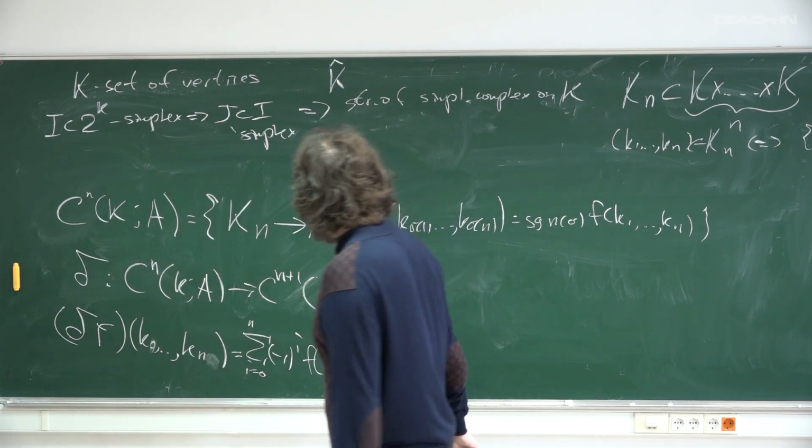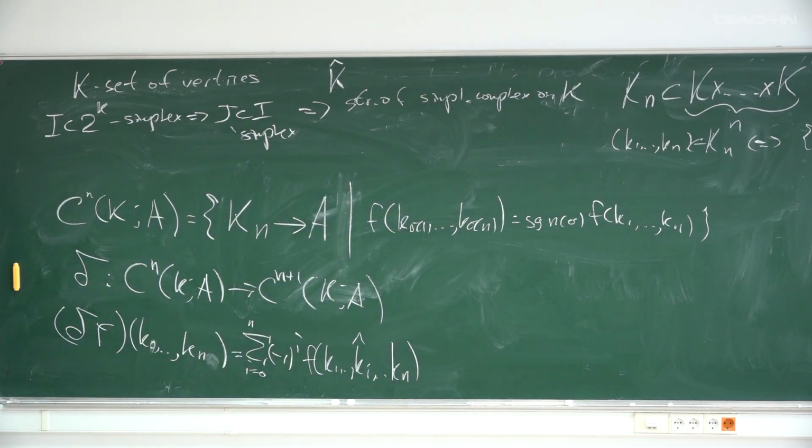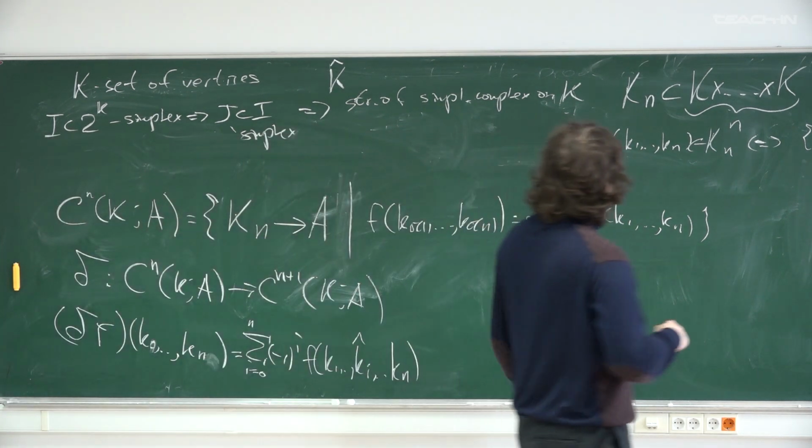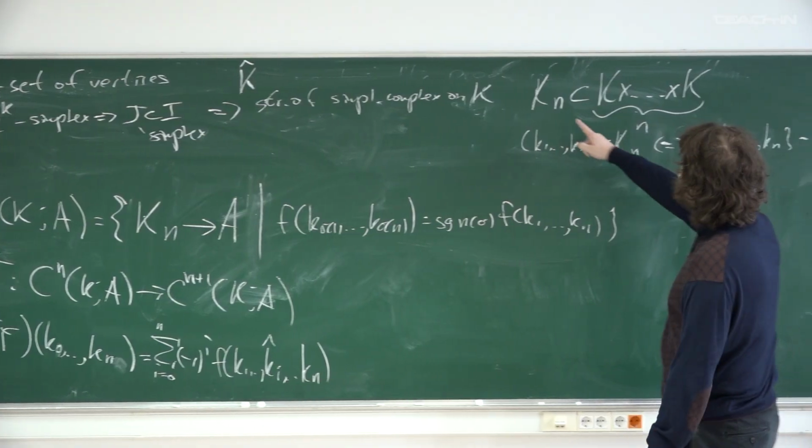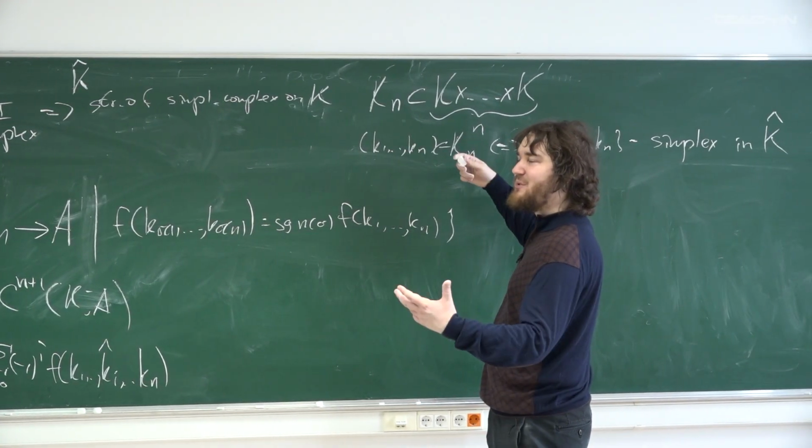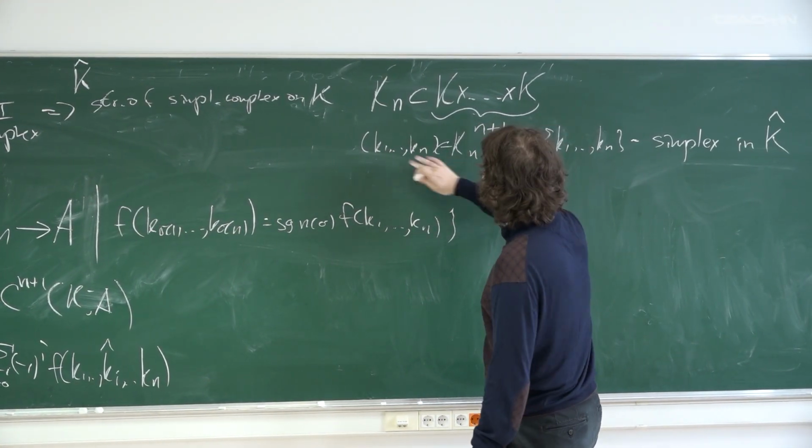No, this is the usual simplicial cochain differential. N-dimensional simplices have n plus 1 vertices, so it's n plus 1 here, starting from 0.